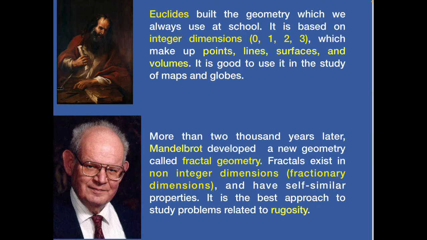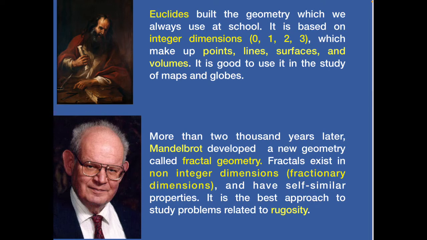So it is very good to use it, as we have done, if we are studying maps, distances, globes, and so on. The problem is if you have rugosity. If you have rugosity, this model of reality that is offered by Euclidean geometry will not be enough for you. It will not be able to process and represent rugosity accurately.